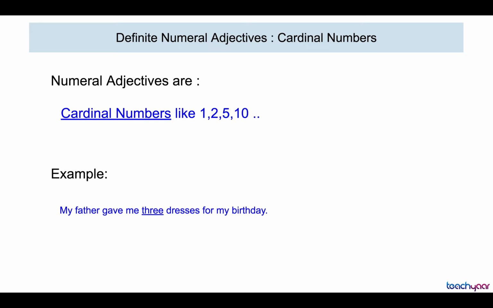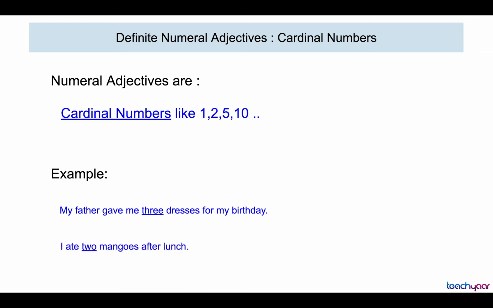Now, the noun here, dresses. And how many dresses? Because the question we ask is how many? 3 dresses. So, 3 is the numeral adjective. So, we are using numbers here, exact numbers. So, they're giving you the exact number of the noun. The noun is dresses and 3 dresses.